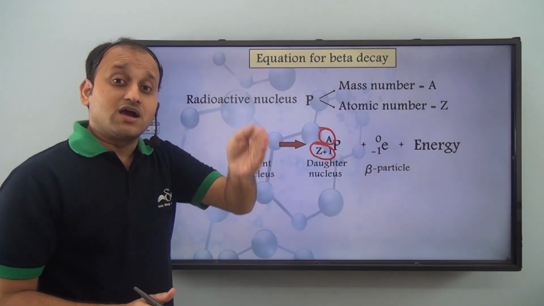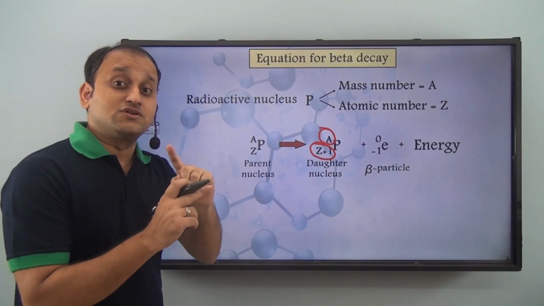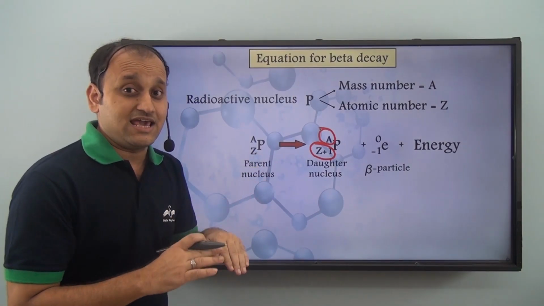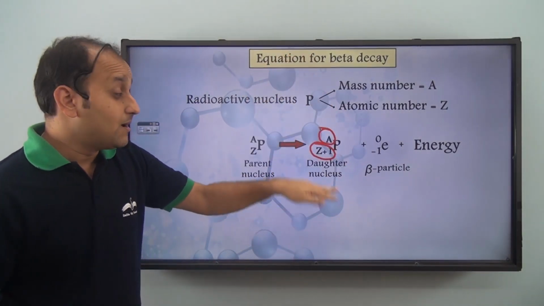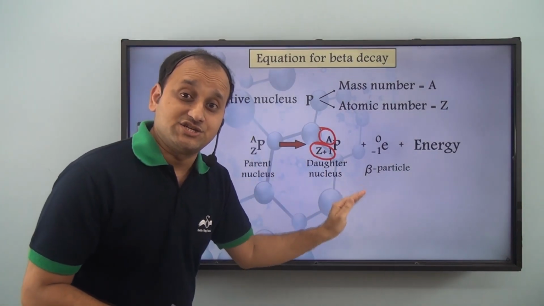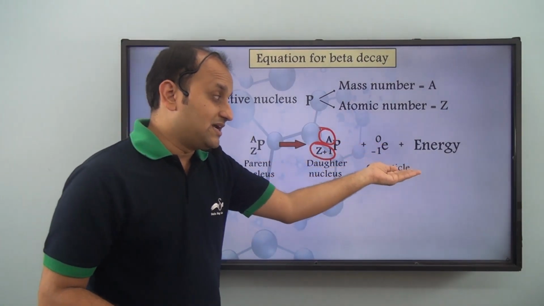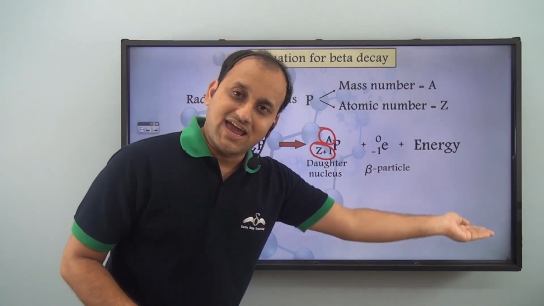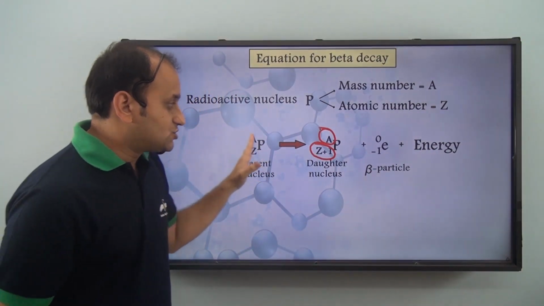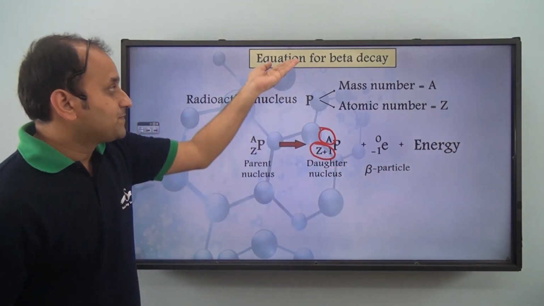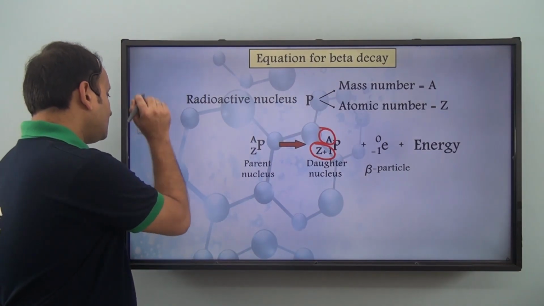The neutron converted to a proton, so the number of nucleons remains the same. So the mass number remains the same, but the atomic number changes. And we have a beta particle emission and energy. So this is the total equation for beta decay.